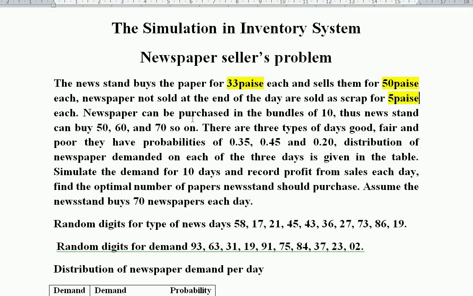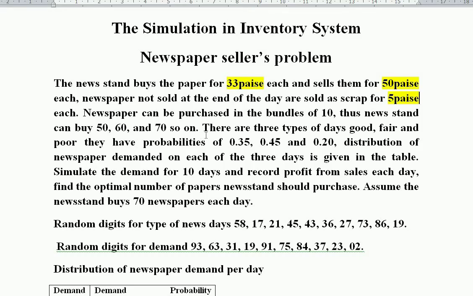The newspaper can be purchased in bundles of 10. It means we purchase the newspaper in a bundle of 10; in one bundle there will be 10 papers. So we will get 10, 20, 30, 40, 50, like this. Thus, the newsstand can buy 50, 60, 70, and so on.